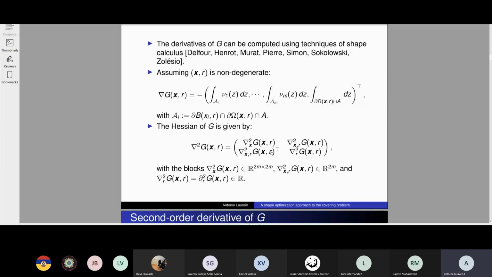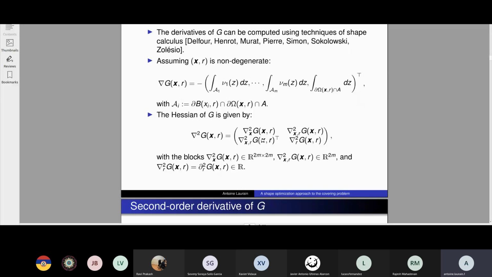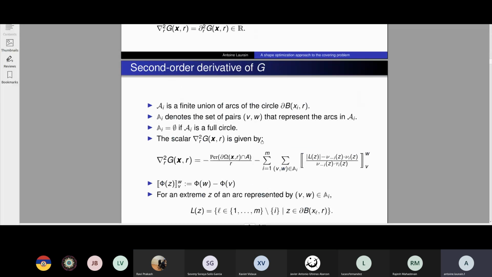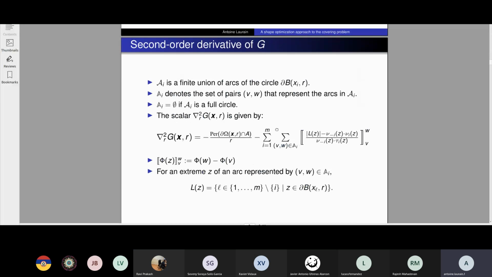This one is just the transpose. And the last one, the gradient to R, is just a scalar because the radius is a scalar, right? So let me show you the formulas. I'm not going to explain in a lot of detail this formula because it would take a long time, but I just want to explain a few of the main ideas.